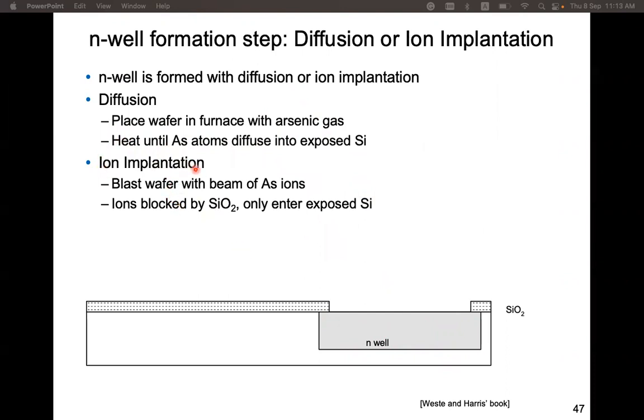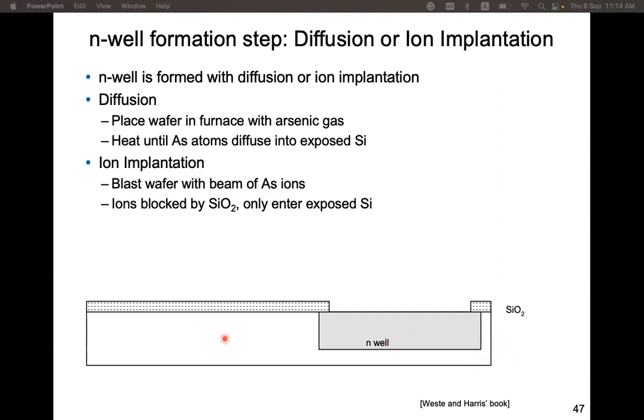Another approach is ion implantation, just to blast the wafer like a bullet. Blast the wafer with beams of arsenic ions. So only this part of substrate will be implanted, become an N-type region.